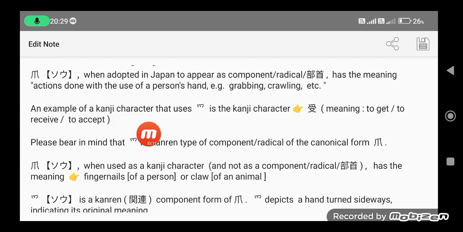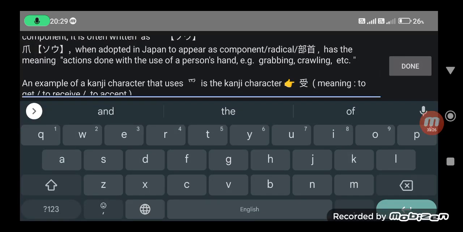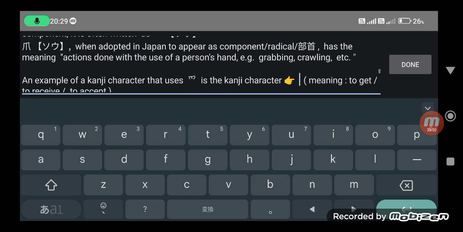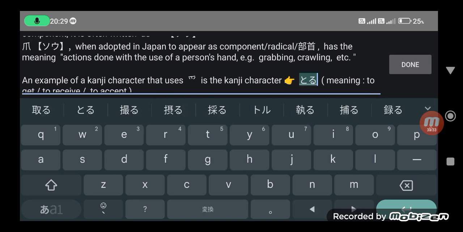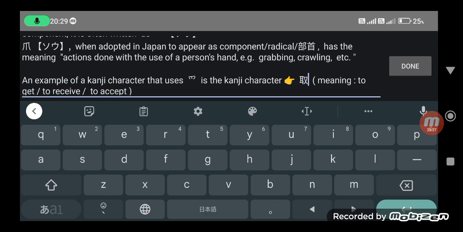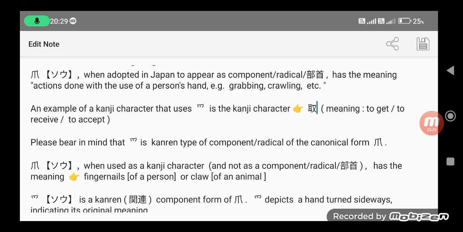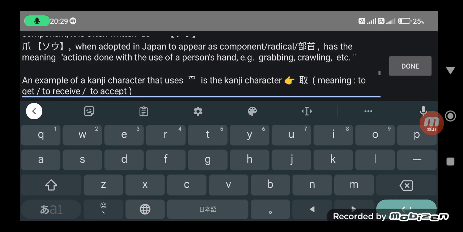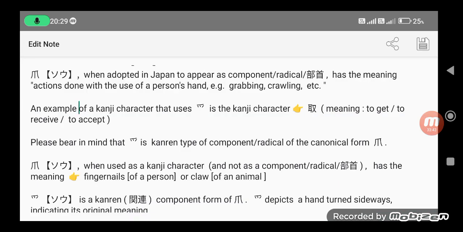An example of a kanji that uses this so radical is the kanji character toru.